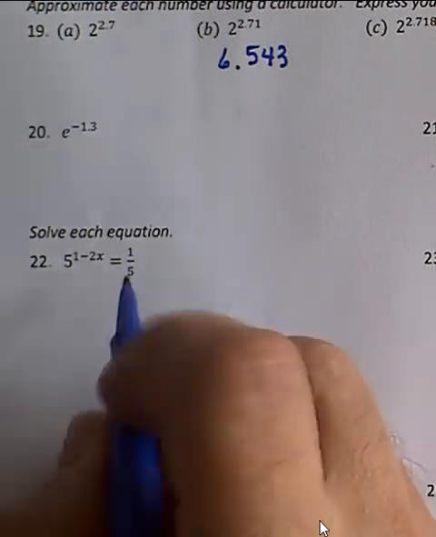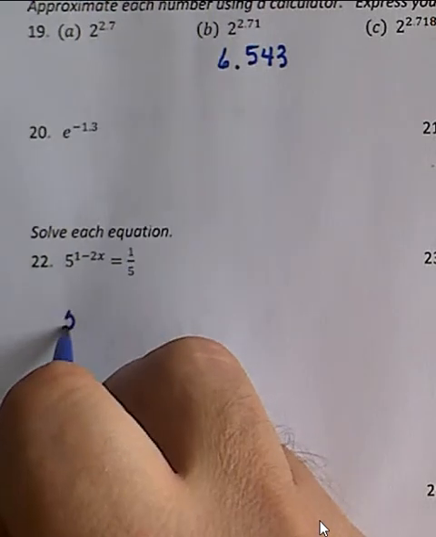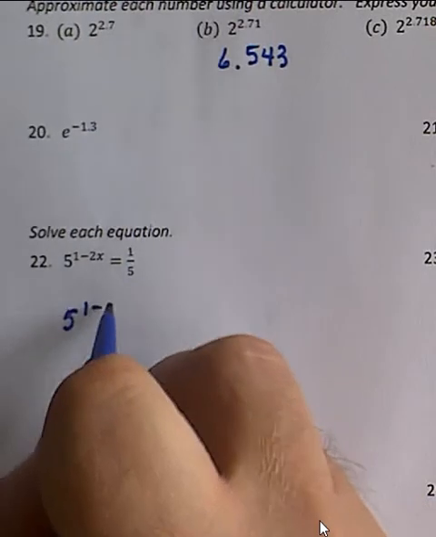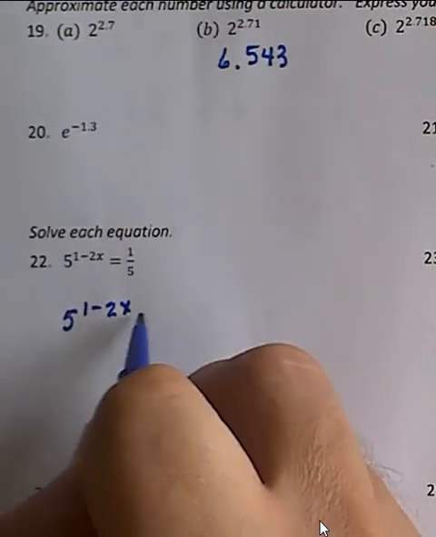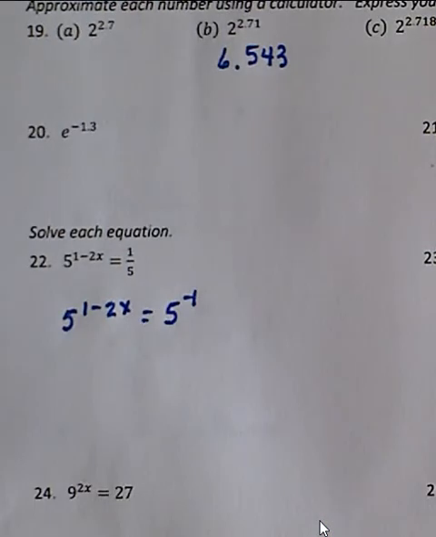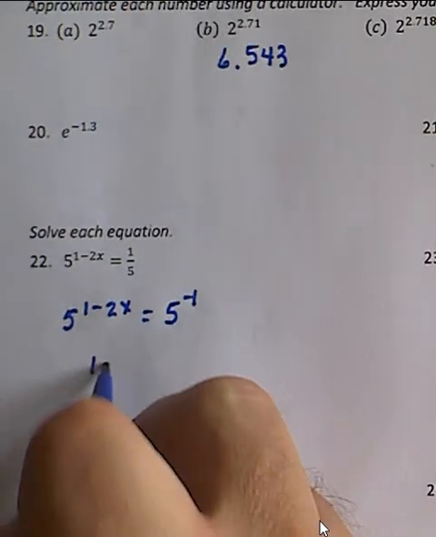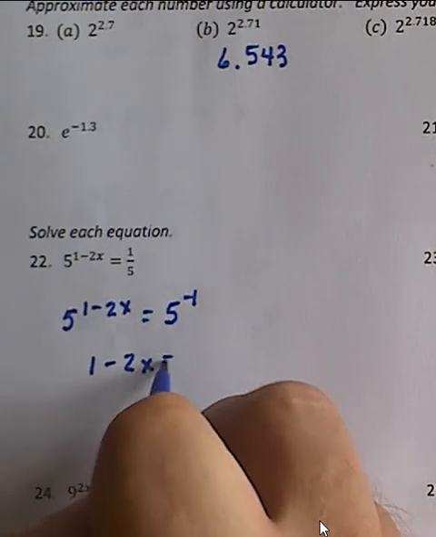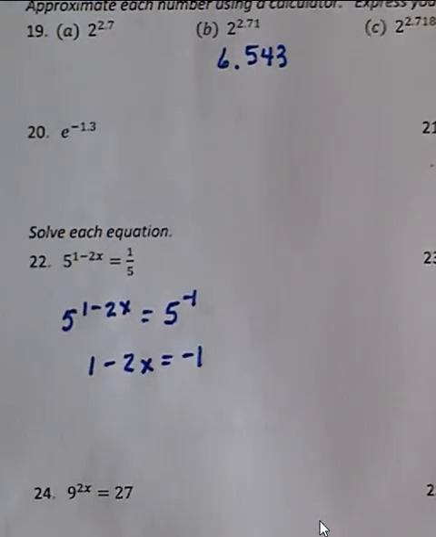I can take that expression and rewrite it as 5 to the negative 1 power. Okay, that's the same thing as 1/5. Okay, now, since both of those have the same base, they both have 5s, I can now set the exponents equal.